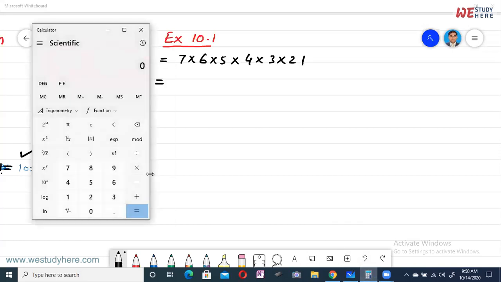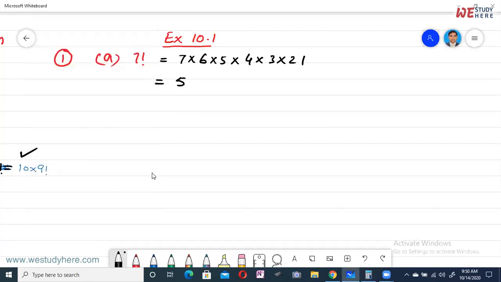We will use the calculator: 7 into 6 into 5 into 4 into 3 into 2 into 1. The answer here is 5040. Then it says there is a key like this, x factorial. Check your answer from this key. This factorial key is available on your calculator.